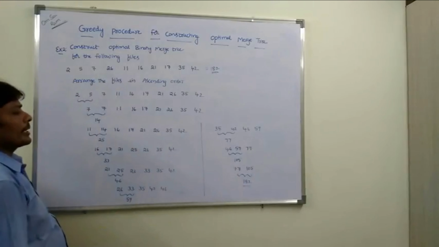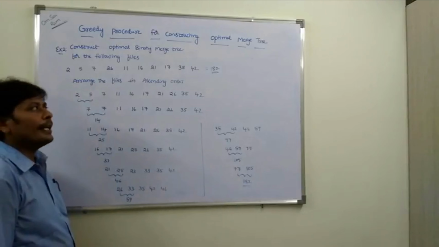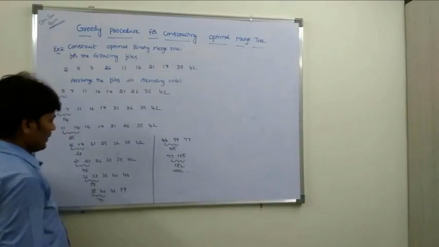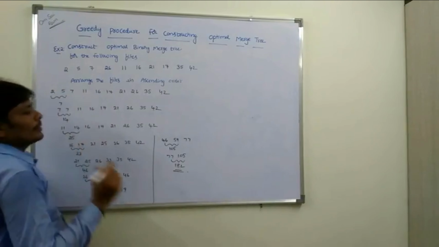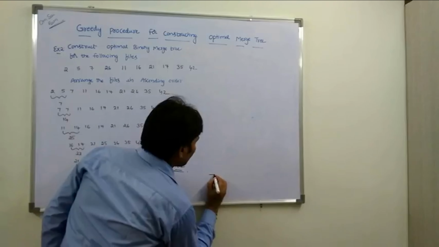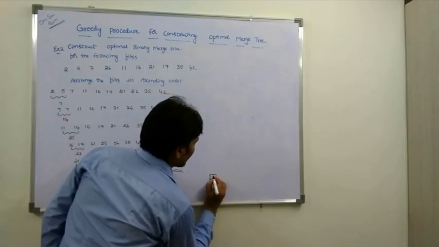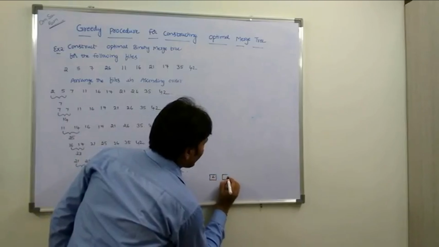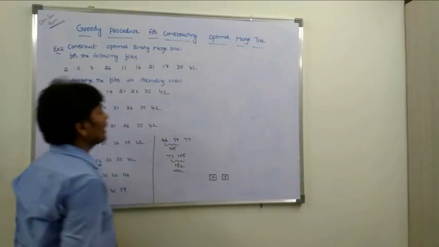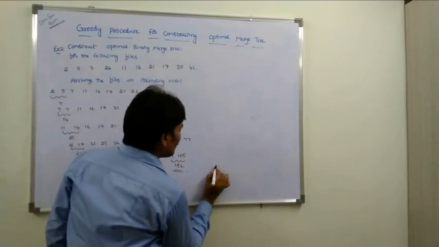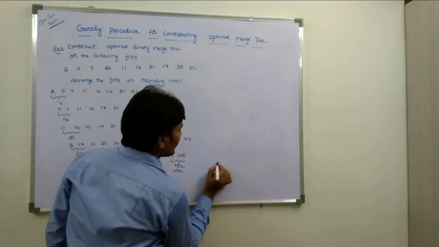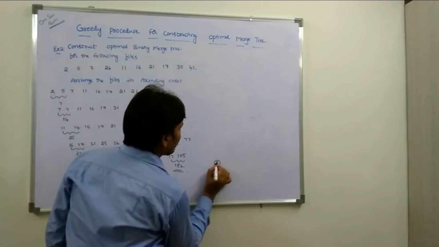Now we construct the optimal binary merge tree. First we merge 2 and 5. So that is 2 and that is 5. These are leaf nodes. So 2 and 5 are merged, and we get the result 7.